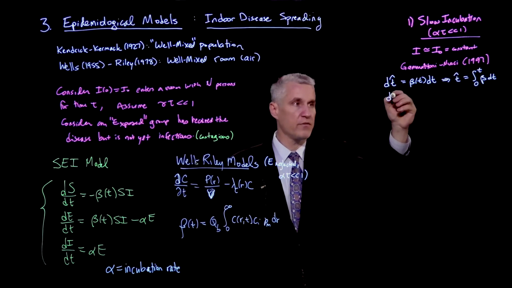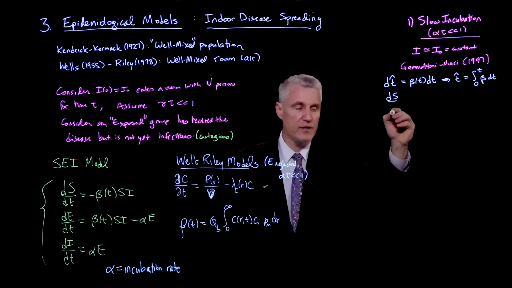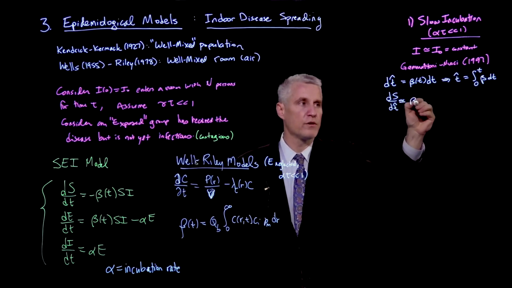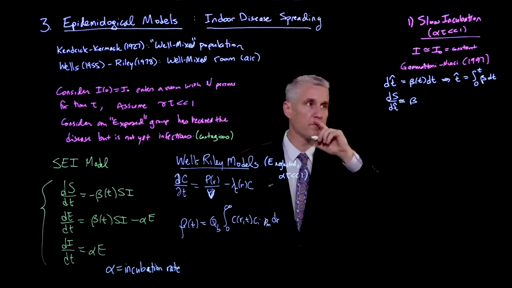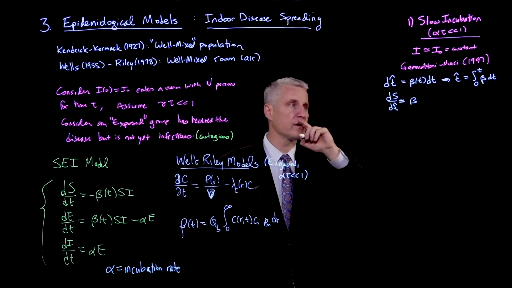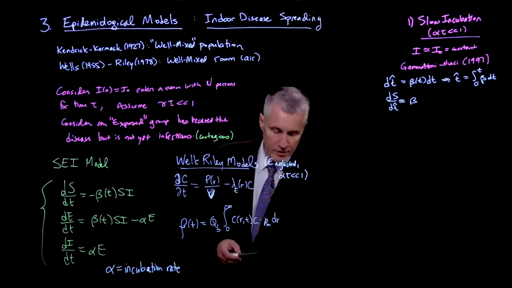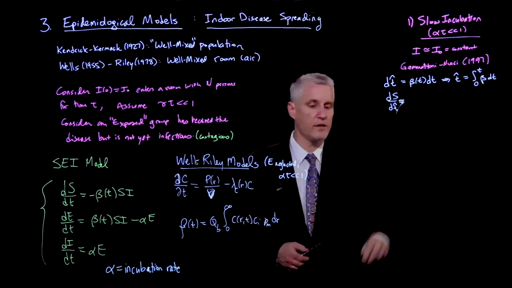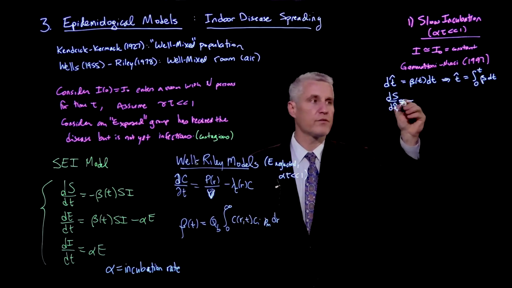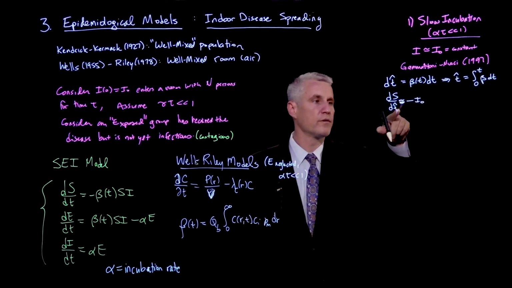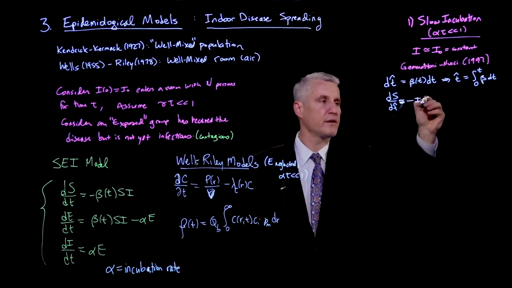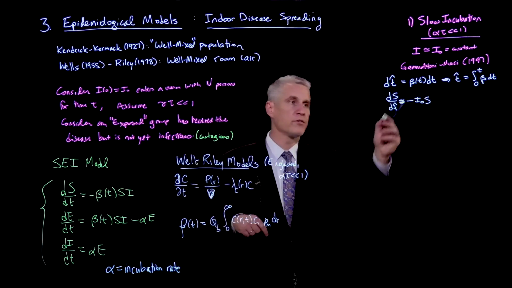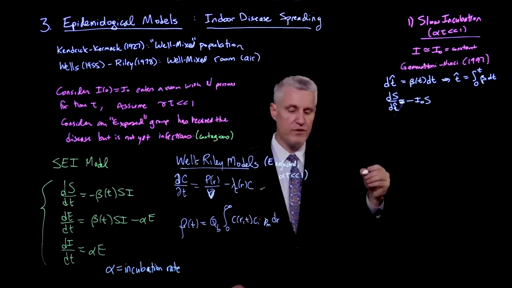And we have dS/dt hat approximately equal to minus I0 S. Again, our I is roughly constant, and our beta got swept into the time. So this is just a simple exponential relaxation.